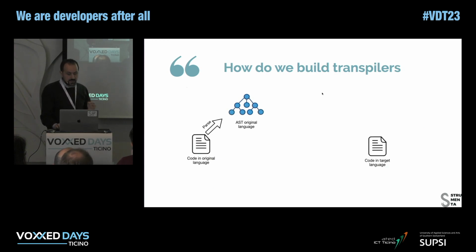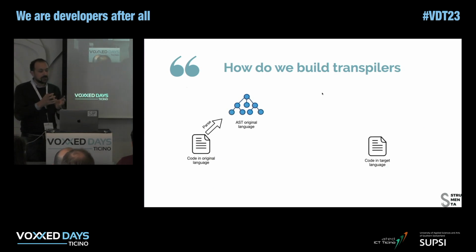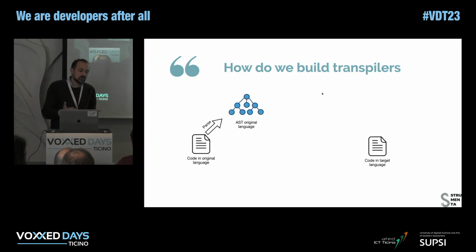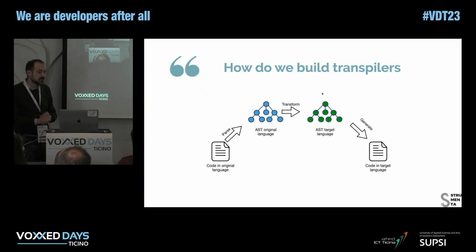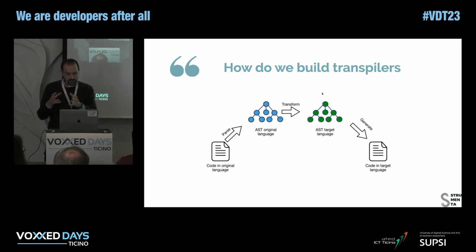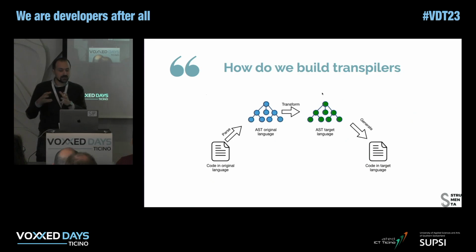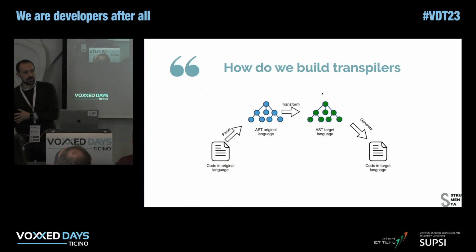Now, once we have built this representation, in the past we used to directly use this representation, navigate it, and generate the target language. And this sort of works. But over the years, we changed our approach, and now we use another intermediate step before producing the final code.